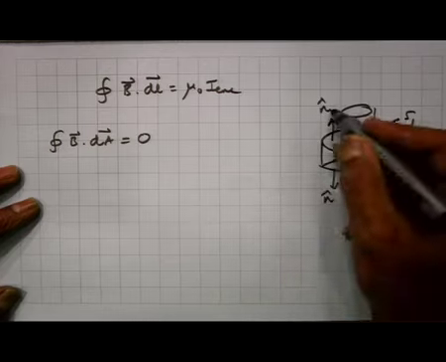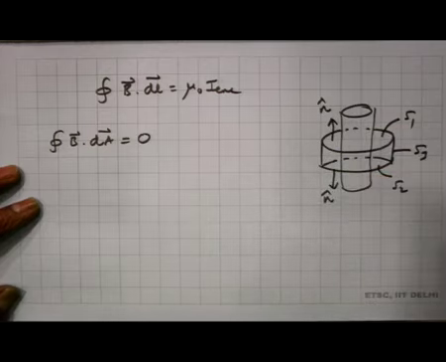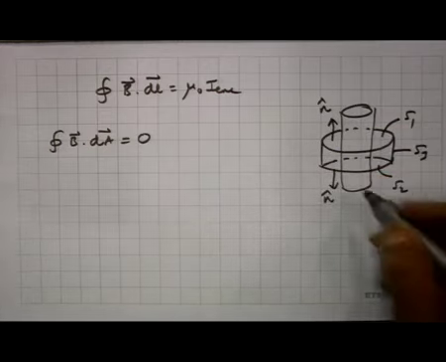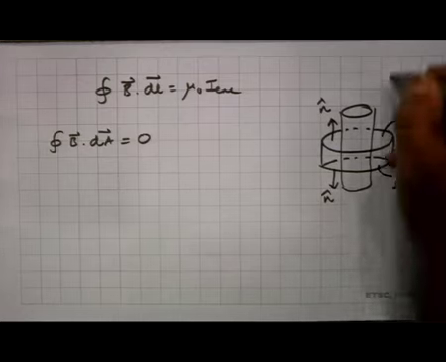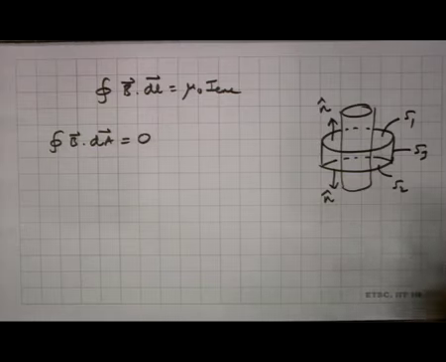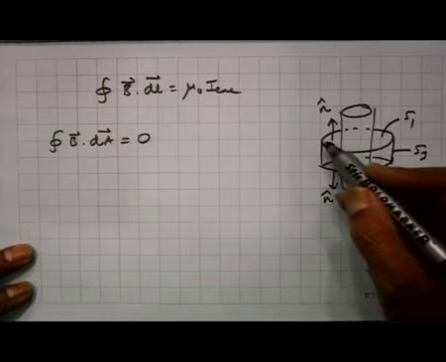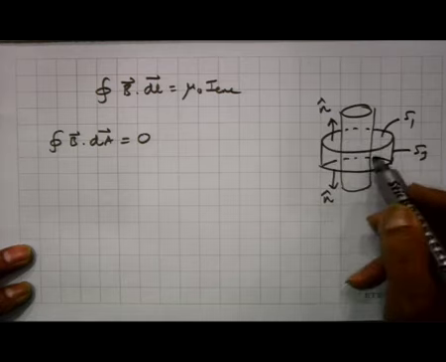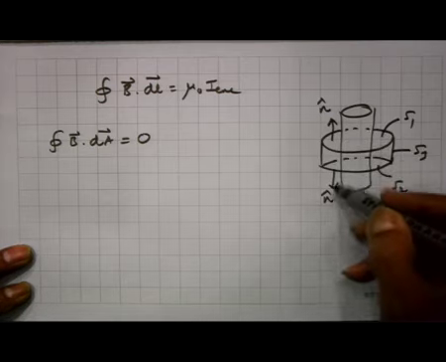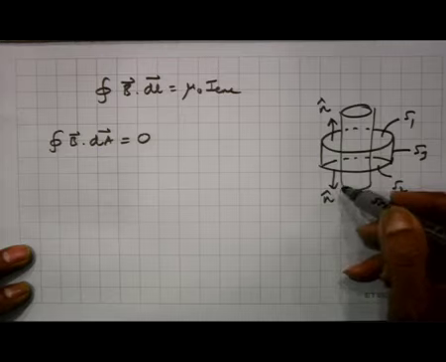So, dA vector here is upwards, dA vector here is downwards. Magnetic field is independent of this distance. So, you can immediately understand that the flux that is exiting from the upper surface must be exactly equal to the flux that is entering from the lower surface, because the normals are oppositely oriented.